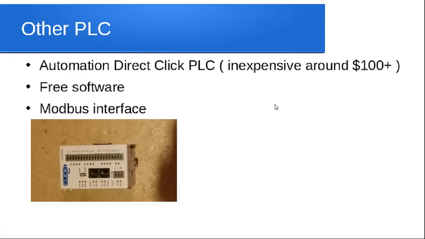Now, some of the other PLCs we can use, such as AutomationDirect's CLICK PLC, those are nice simply because of two main things. Number one, they're inexpensive. They're around $100, a little bit more maybe depending upon the options and versions you get on it. Not too overly fancy, but it can do quite a fair amount, and it's a fairly new PLC that also has Modbus communications.